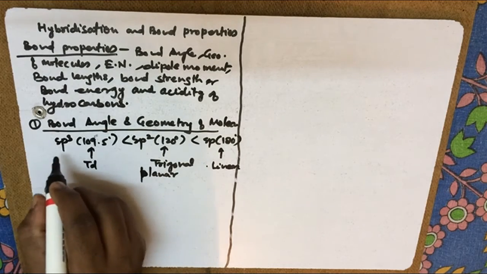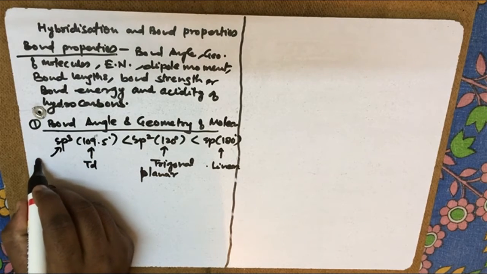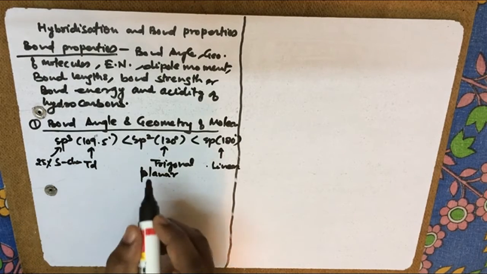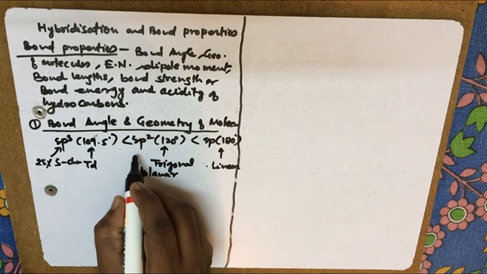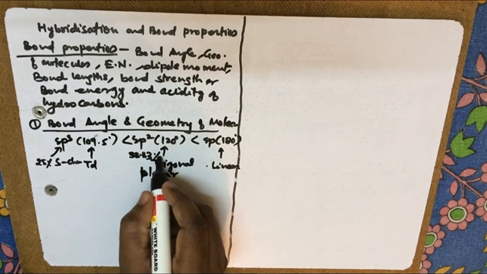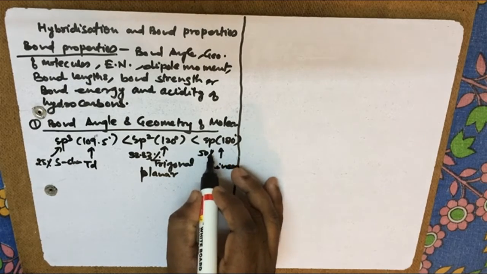So here for this case 25% s character, and here 33.33% s character, and here 50% s character.